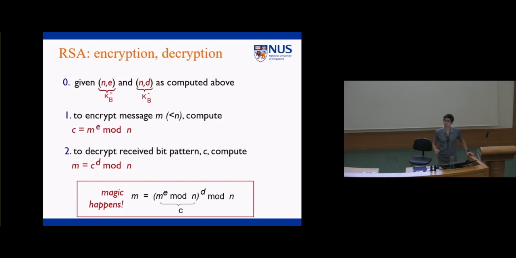We can use them to encrypt any message we want. The encryption is done by exponentiating the message with E or D, depending on which key you are applying, and then taking modulo n. So if you're encrypting a message, you exponentiate it and take modulo n. This is your ciphertext.